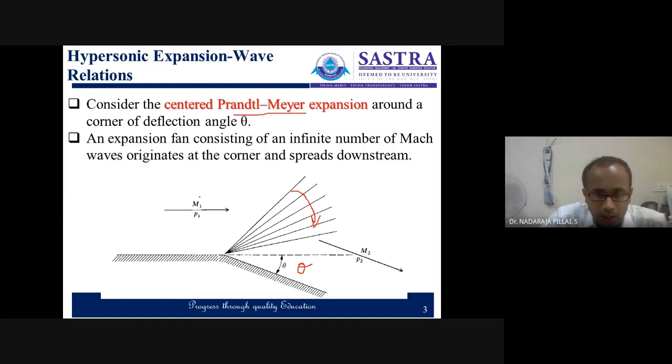We consider M1 as the Mach number and P1 as the pressure upstream, and M2 as the Mach number and P2 as the pressure downstream. So we know the corner deflection angle is theta. Now let us go back and derive the Prandtl-Meyer expansion for this case, and then consider the hypersonic flow.